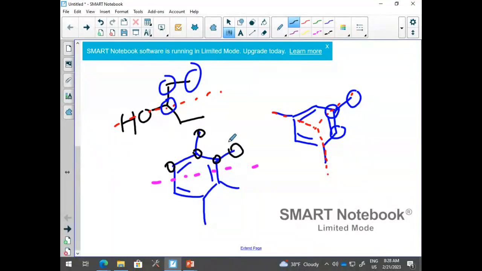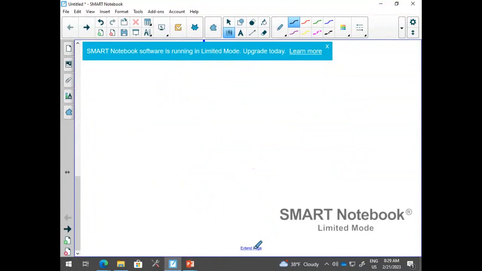So this is just something to think about: how many carbon atoms are unique, and therefore how many carbon 13 NMR signals you can expect from a compound.